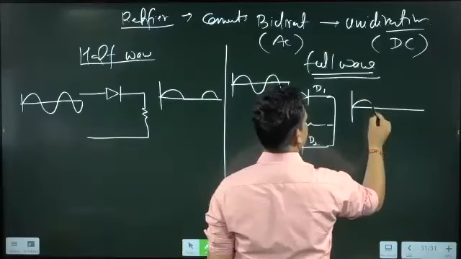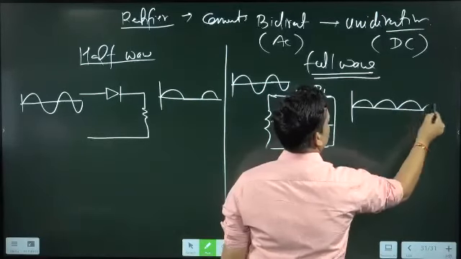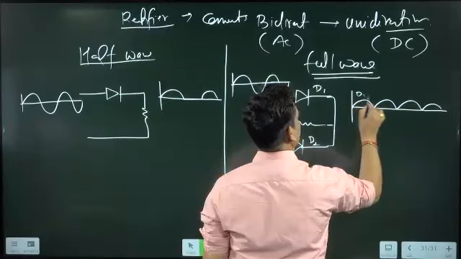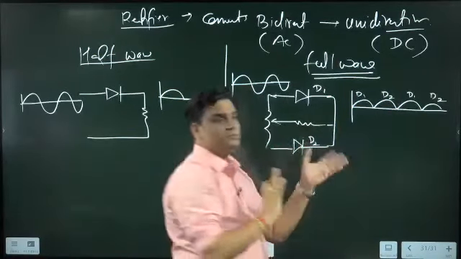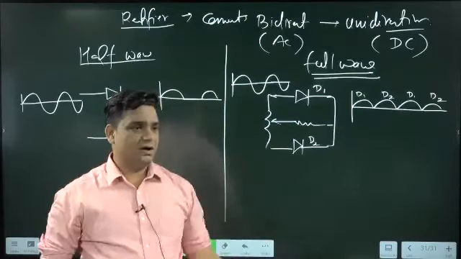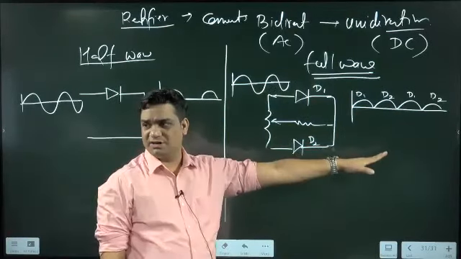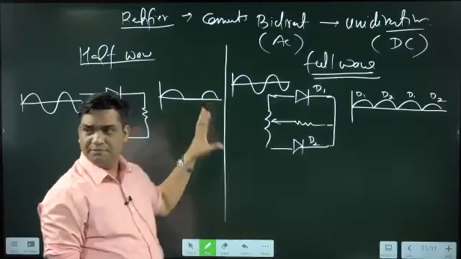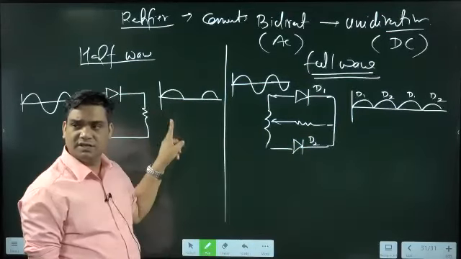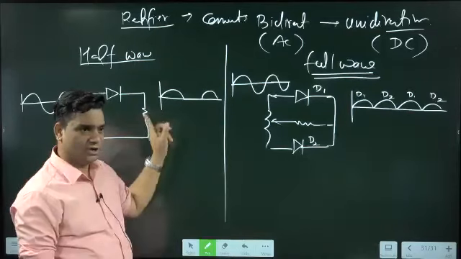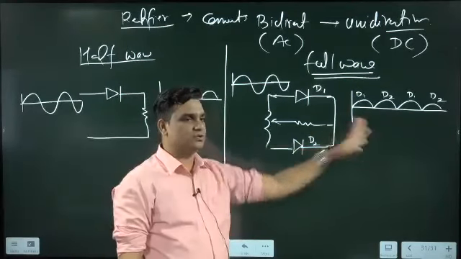So both cycles we get here. Alternately both will act. I will not explain the mechanism here, it takes a lot of time. Just remember that if two diodes are there, it is full wave, and if one is there, it is half wave.